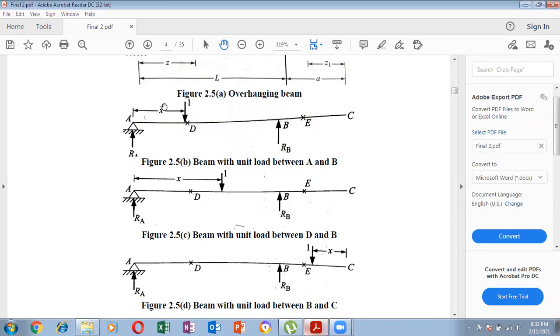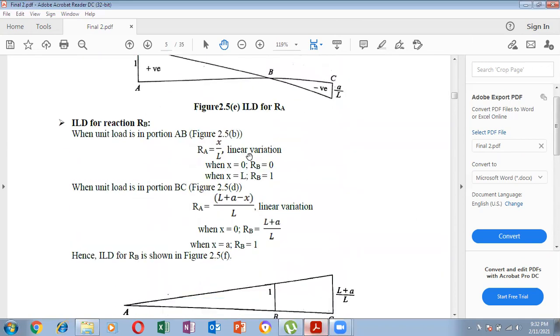So if the loading is here, we can take RA into Z minus 1 into (Z minus X). If we take the left hand portion, it will be minus RB into (L minus Z).